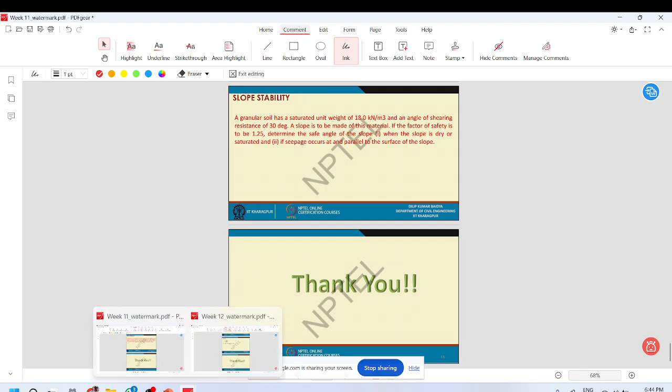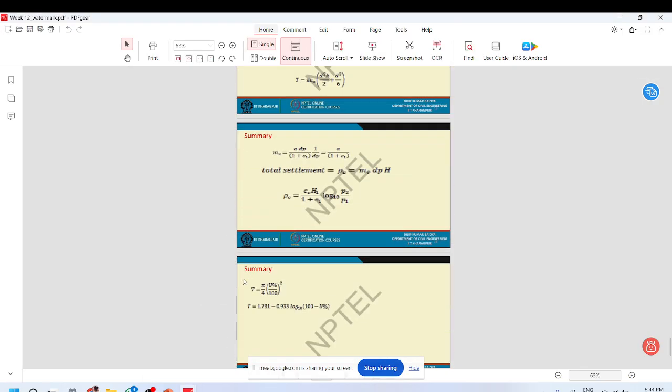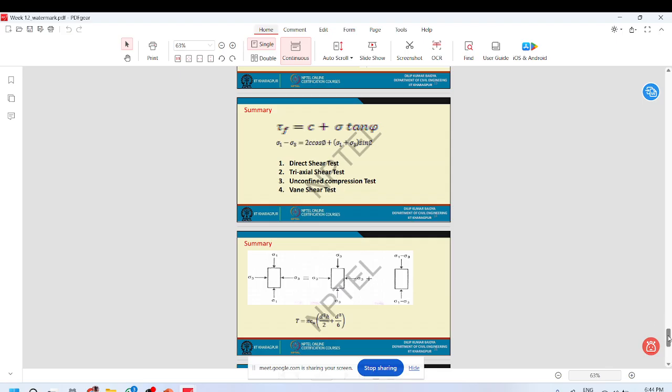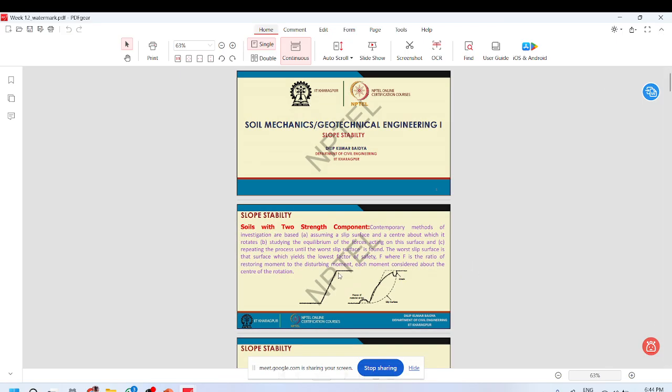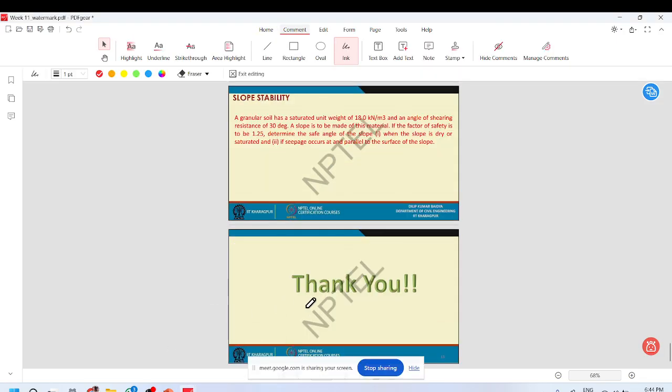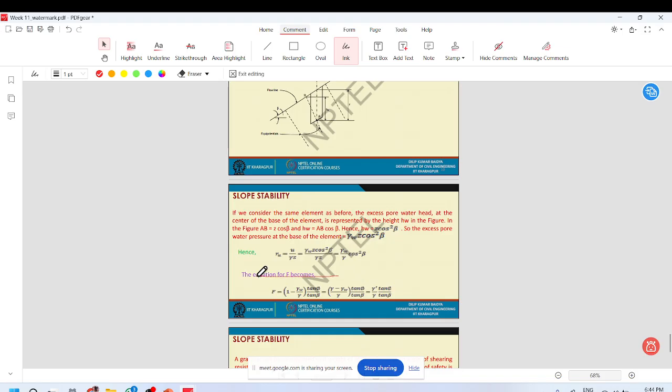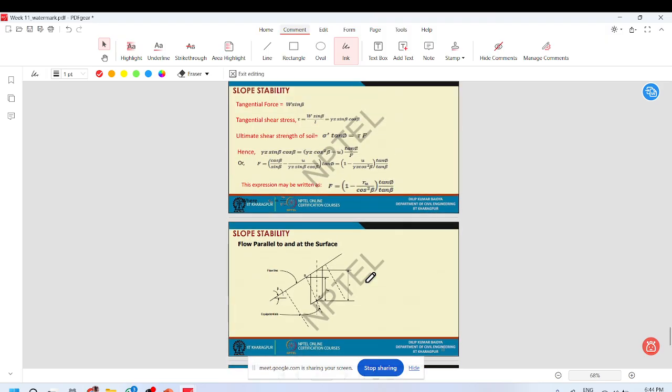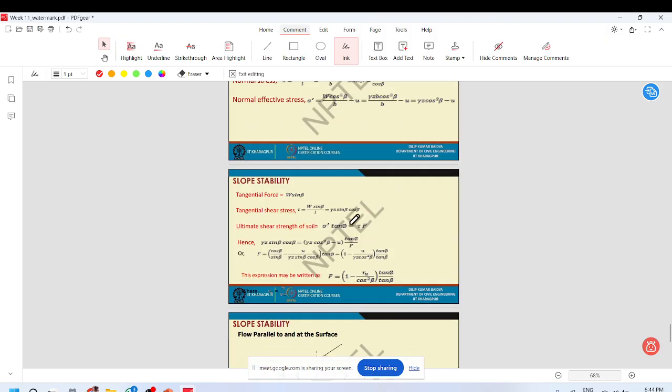Then in week 12, so until now, these equations are all based on granular soils, because you see we have not taken C anywhere. Everywhere we have taken sigma tan phi.